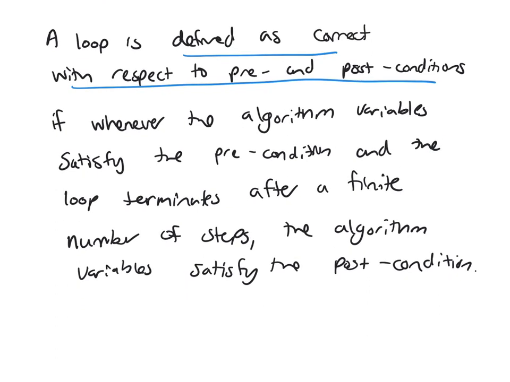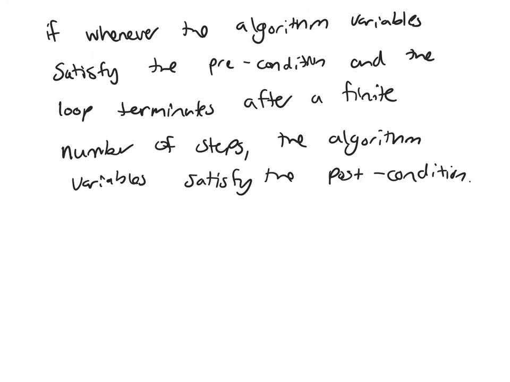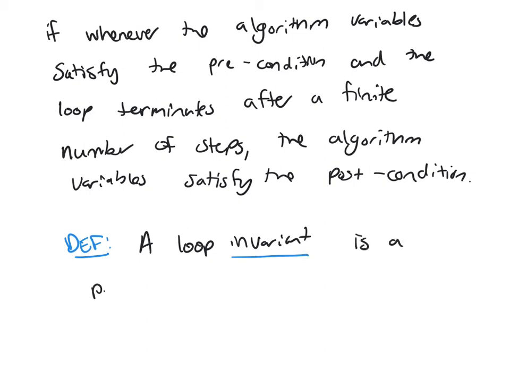So now let's look at loop invariant. It's kind of what we've been building up to. So I'm going to define loop invariant. A loop invariant is a predicate with domain a set of integers.